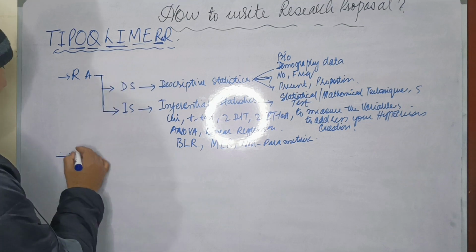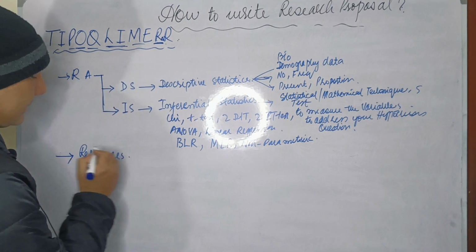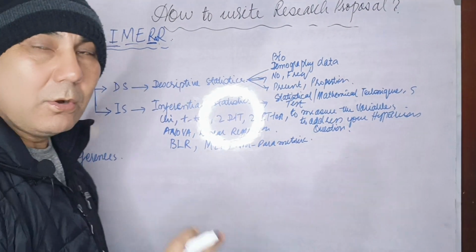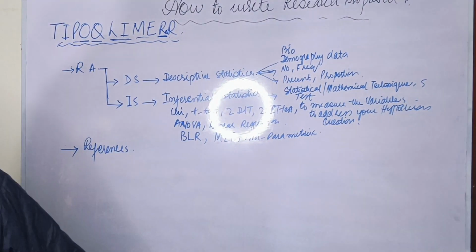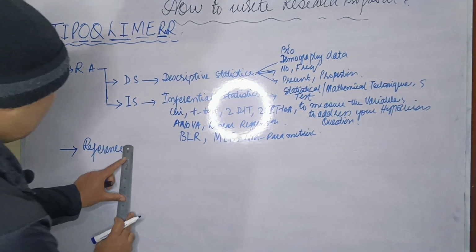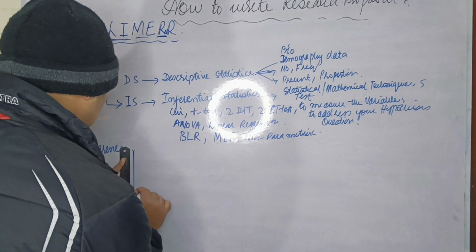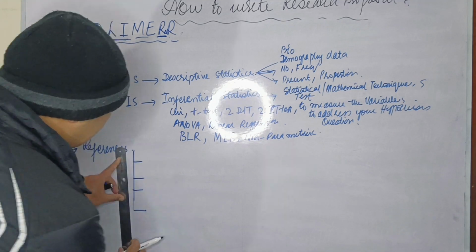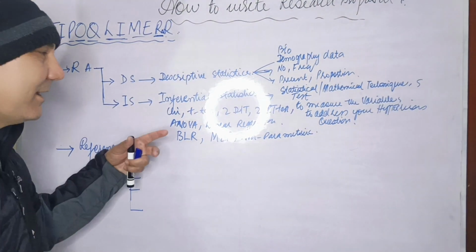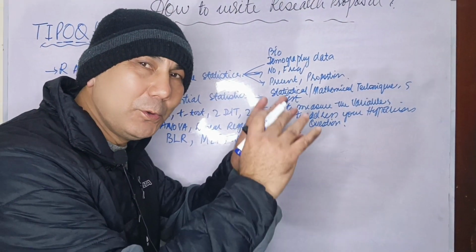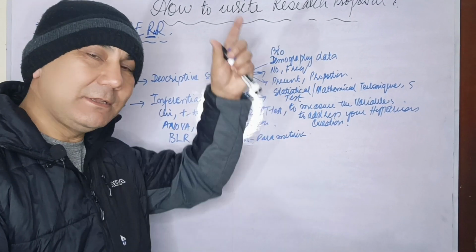Now the last R is for the references. For the references, you should again keep in mind these three to four mnemonics. I explained your whole research proposal in the form of mnemonics just to memorize the sequence.